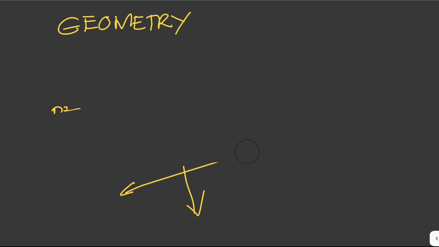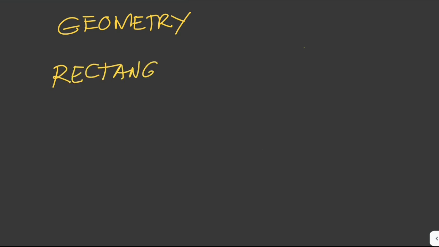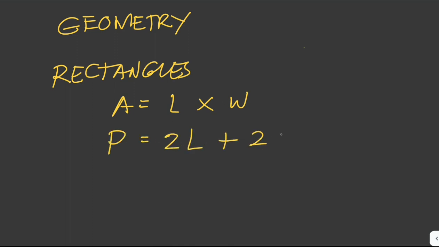And then for rectangles, area is just equal to the length times the width, and then its perimeter is 2 times the length plus 2 times the width, or you can write this as 2 times the length plus the width.